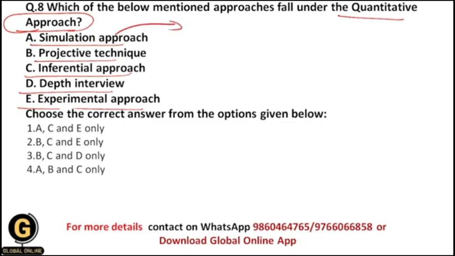Basically it is a technique that reproduces actual events and processes under test condition, and after all we are going to test such events and processes by using the statistical techniques. And again in this simulation approach we are going to use the statistical techniques, and that's why here we are going to use the quantitative approach only.